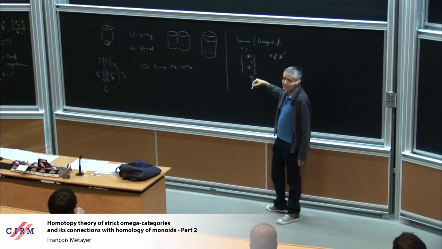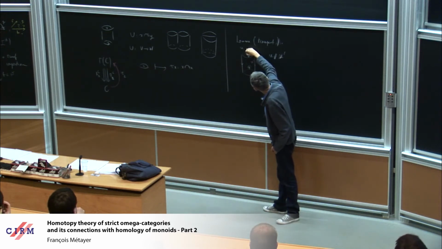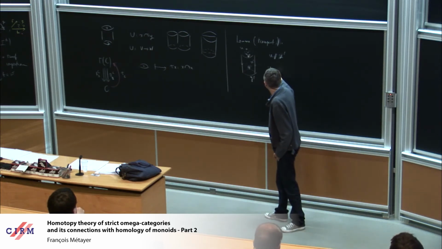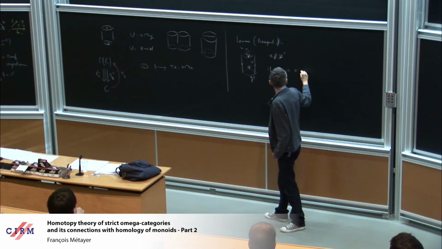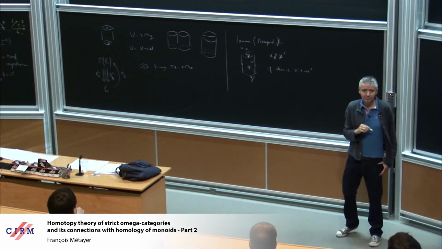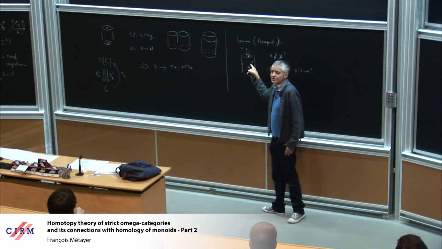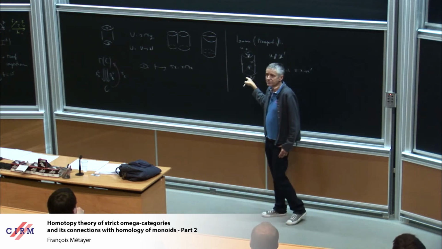So this lemma says that if there is a cell V from X to X prime, then you can fill the whole box with a new cylinder.